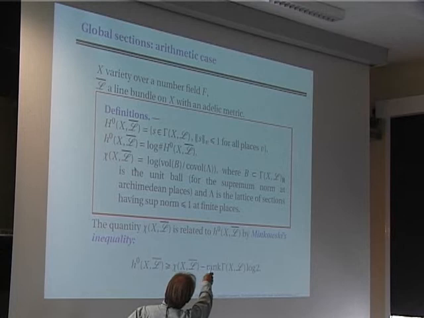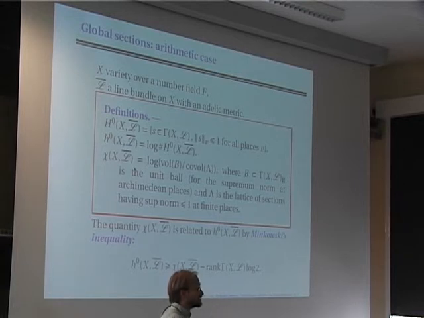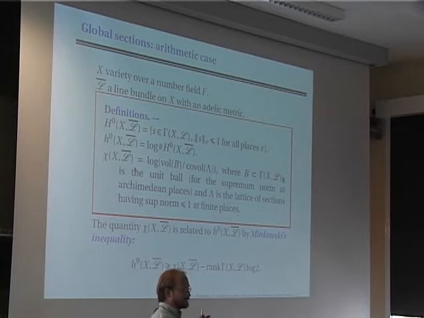I look at the space of global sections, gamma of X, L. This is an F vector space, but I can tensor it with R, so I get an R vector space. Within this space, I have two objects of different nature. The first one is the ball at real, or Archimedean, places.